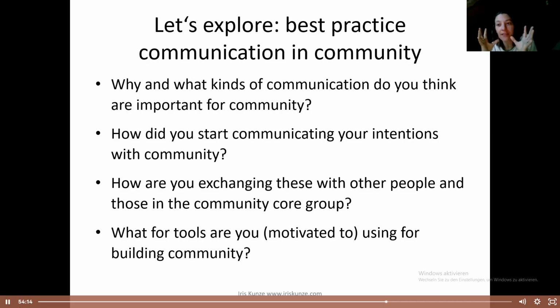There should always be a space for that, because if there is a meeting where this cannot be expressed, then it really becomes a problem. So this is an example from an indigenous culture, and I think there are many others. And of course, we can learn a lot from indigenous people because they still have community culture there over generations and ages.